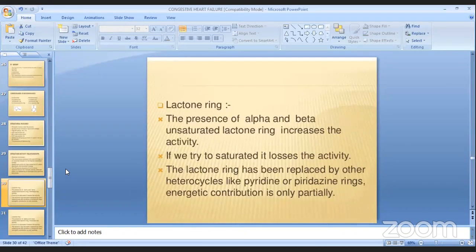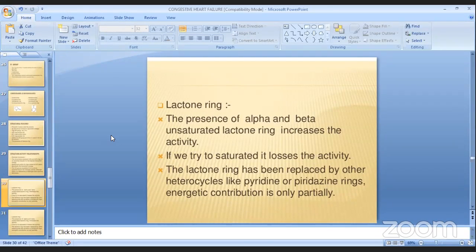Next, I am going for the lactone ring. The lactone ring is present as an alpha beta unsaturated lactone. If the alpha beta unsaturated lactone is there, the activity will be there. If we try to convert it from unsaturated to saturated state, there will be total loss of the activity of this type of cardiotonic drugs.